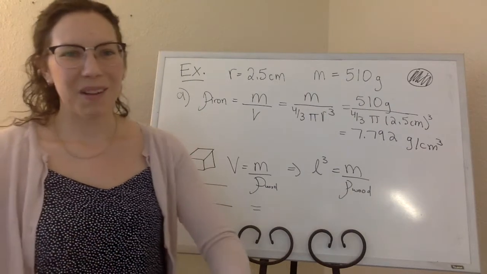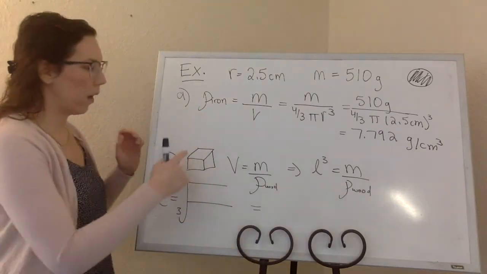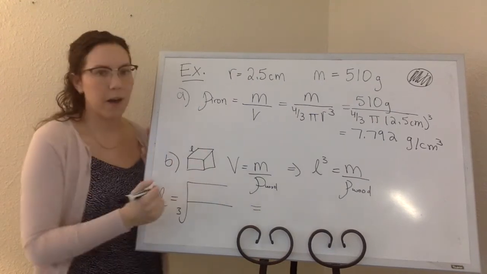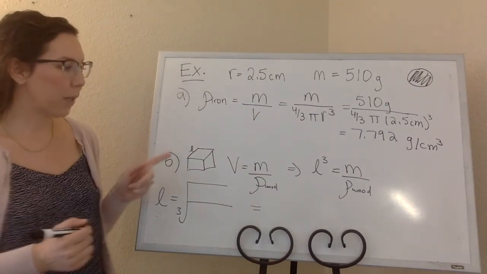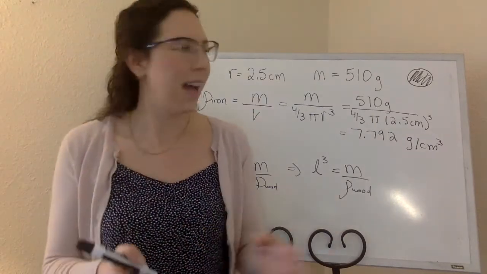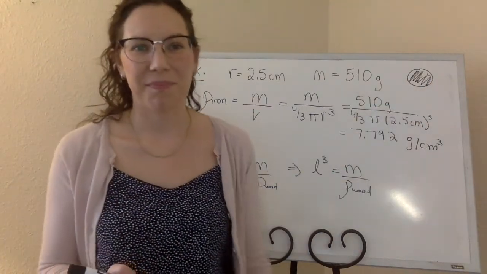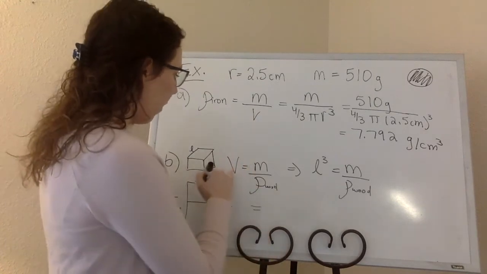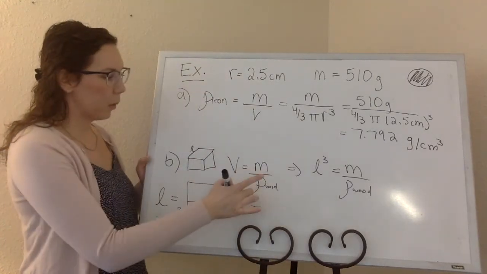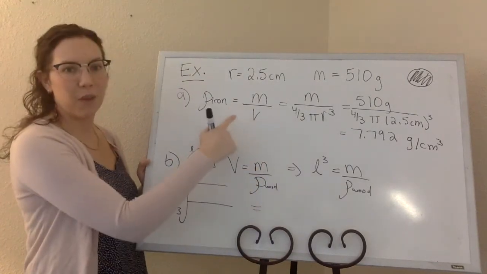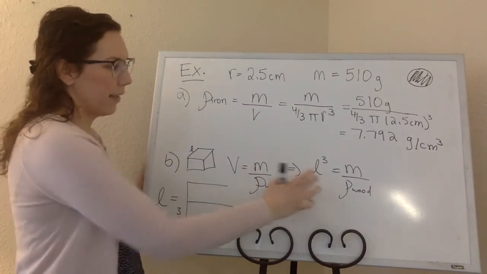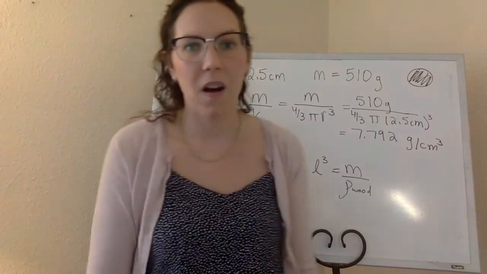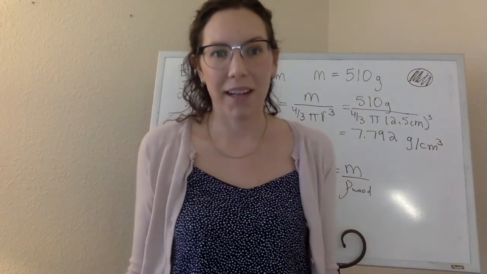All right, so in B, we have a cube now, so all side lengths are the same, length L we can call that, and we need to find the volume of that cube if it has the same mass as this iron sphere. All right, so the volume of the cube will be mass over density, just rearranging this formula for density, and then volume is length times width times height, and they're all equivalent this time, so length cubed.